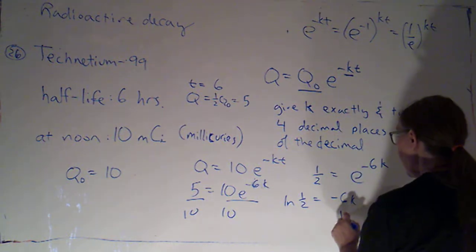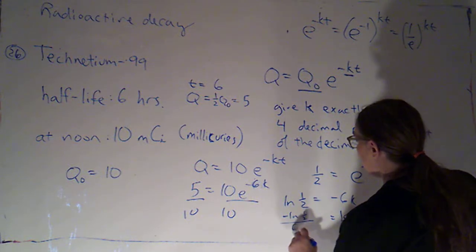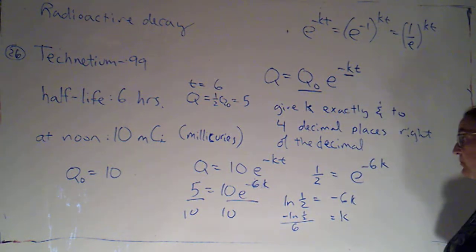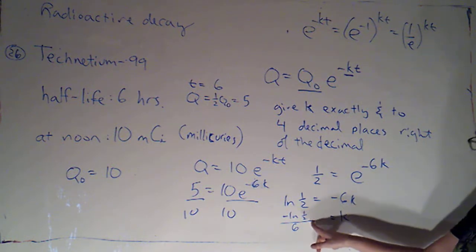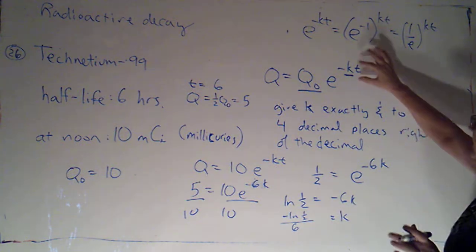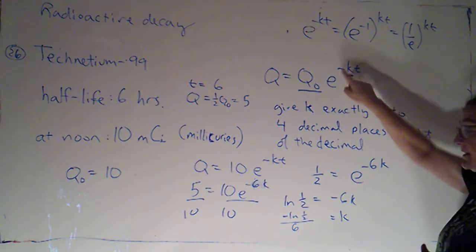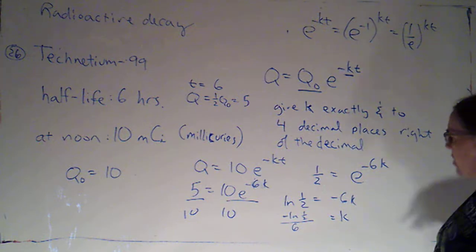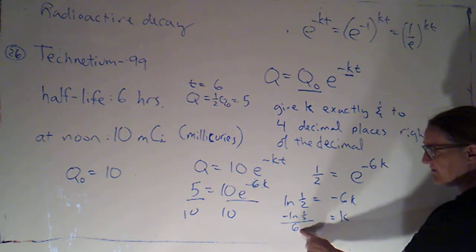So k would be negative the natural log of 1/2 all over 6. By the way, that will make k a positive number. The convention, as I mentioned, is that k is positive. When we want a negative exponent, we explicitly write the sign. How do I know that that is a positive thing? Well, the bottom is obviously positive.